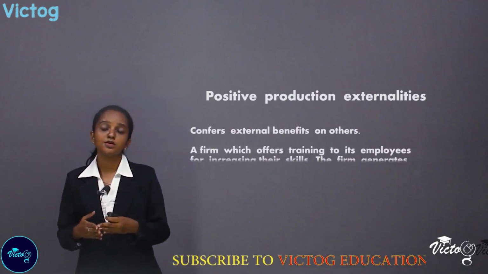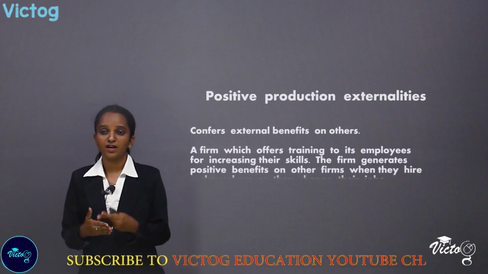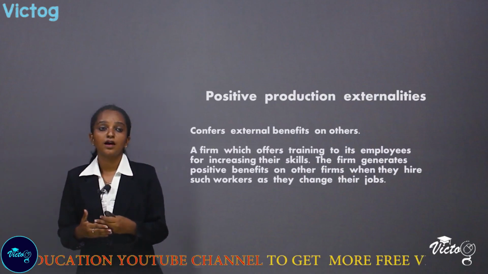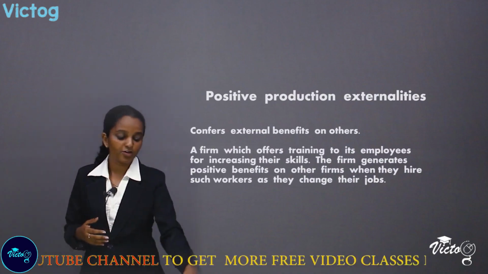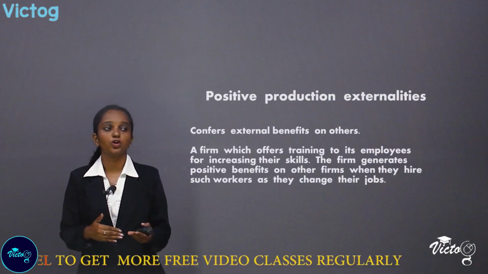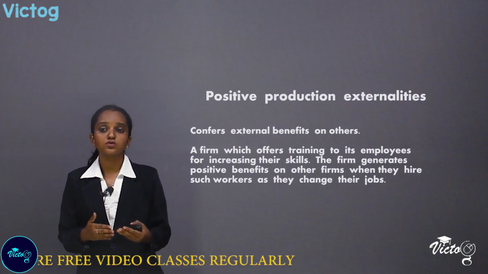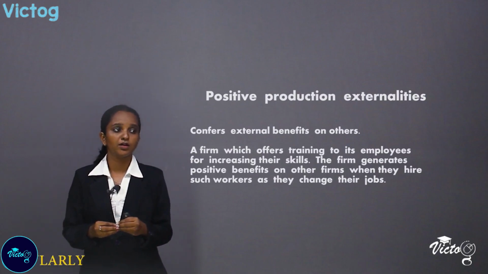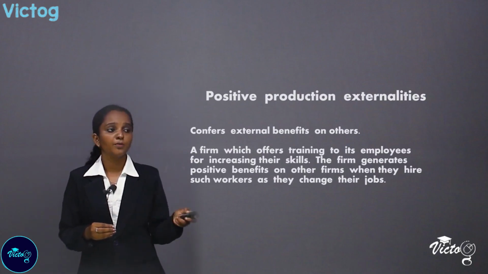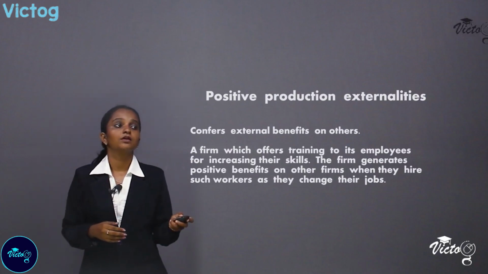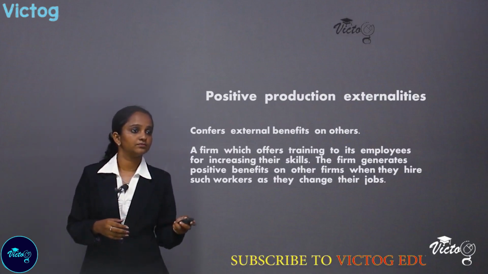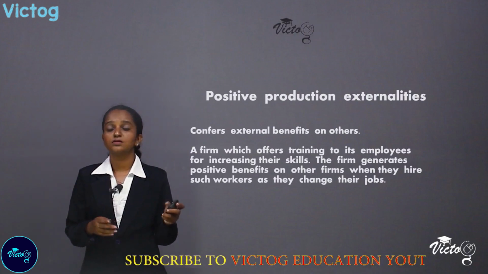If a firm offers training to its employees for improving their skills, after a particular period of time, if these people look for another job, the firms that hire these people will benefit from the skills already possessed by the employees. So this is one kind of positive production externality.